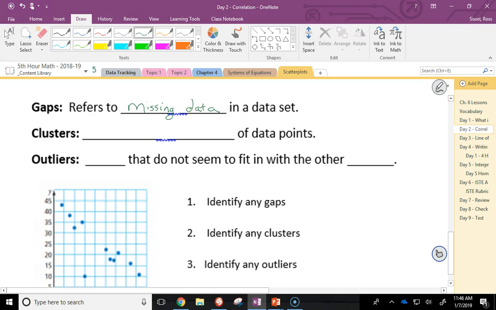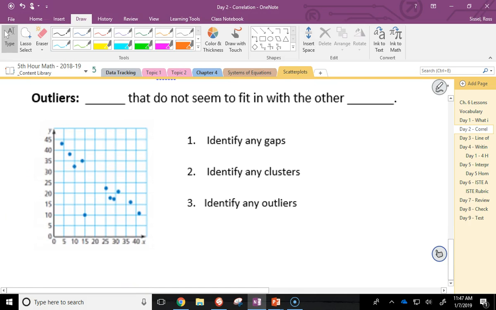Just like Michael Strahan has that giant gap in his teeth. There's missing teeth there. When we talk about scatter plots, when we talk about gaps, we're going to look at where they are missing some. And I'm going to show you how.